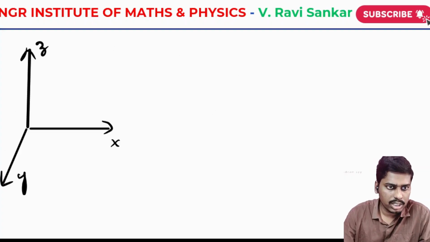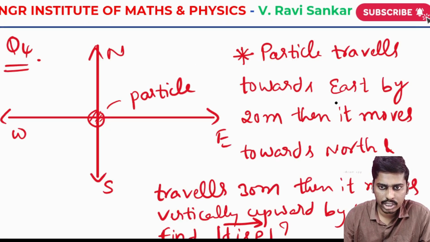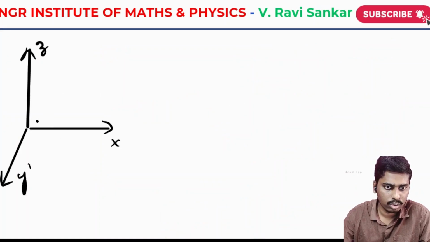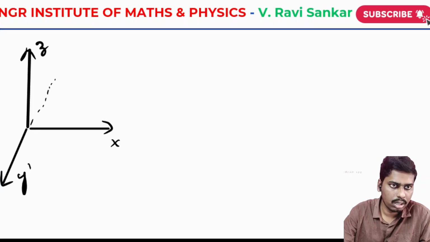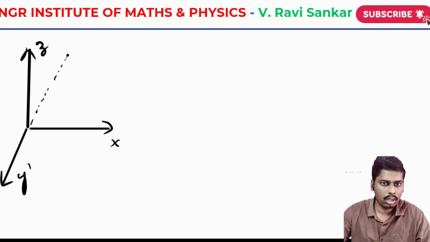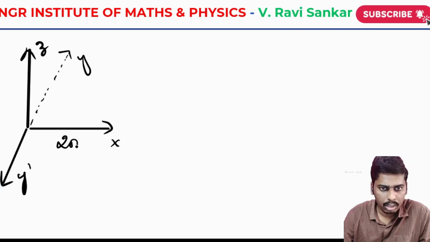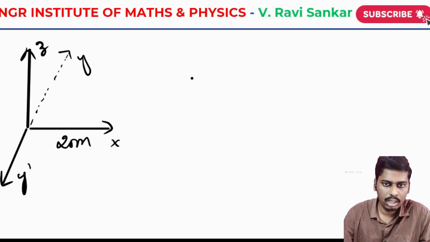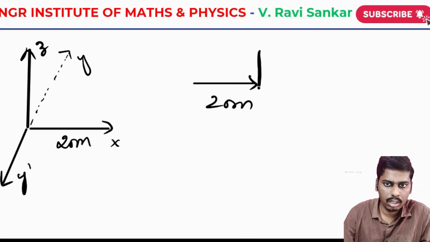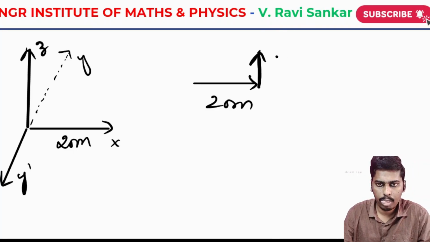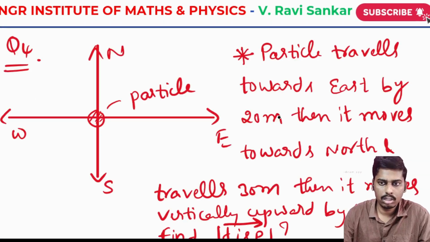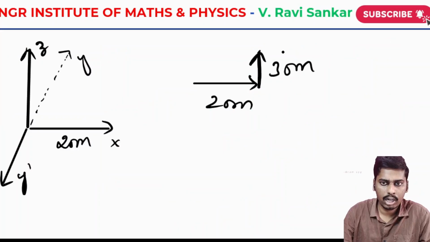Since they are saying a particle travels towards east by 20 meters, and again towards north by 30 meters, and again vertically upward.